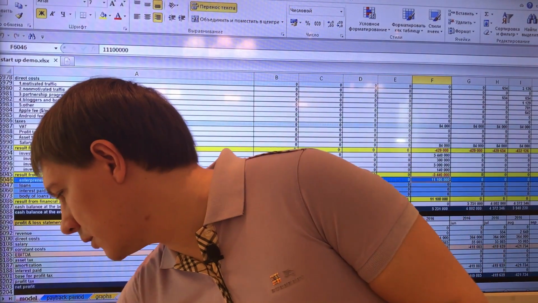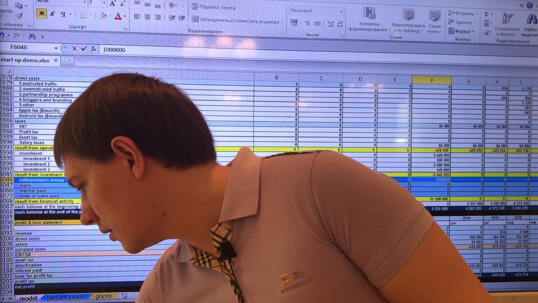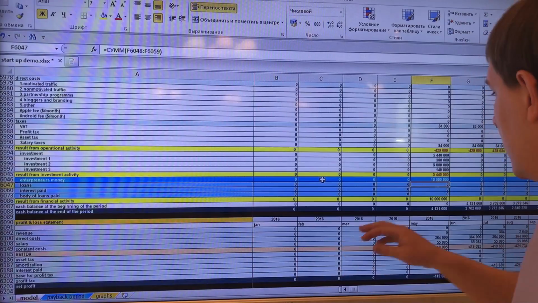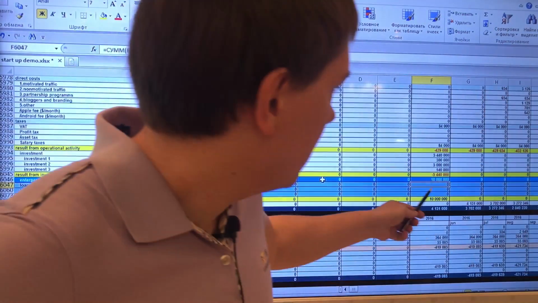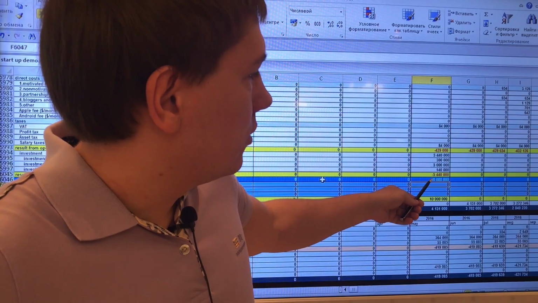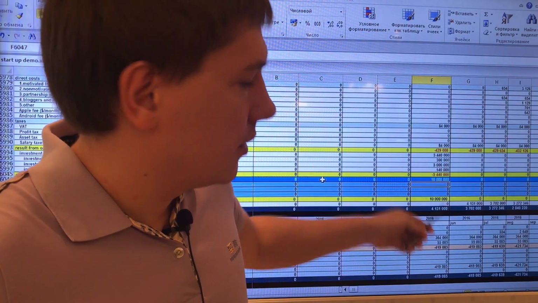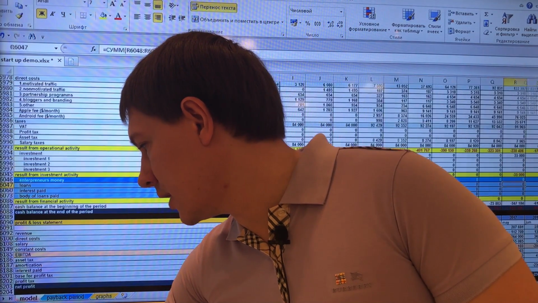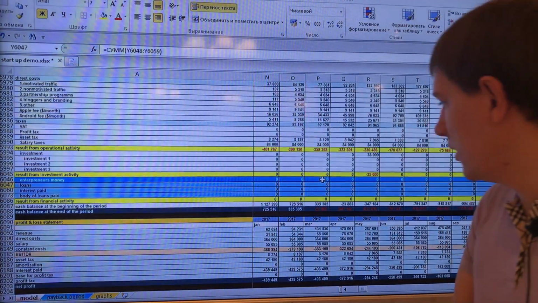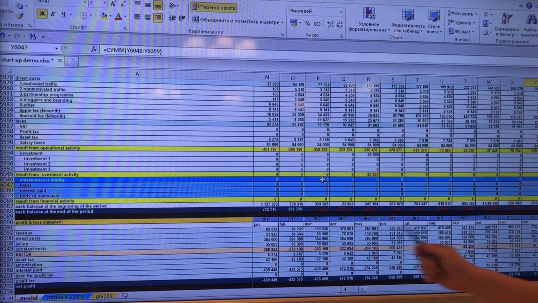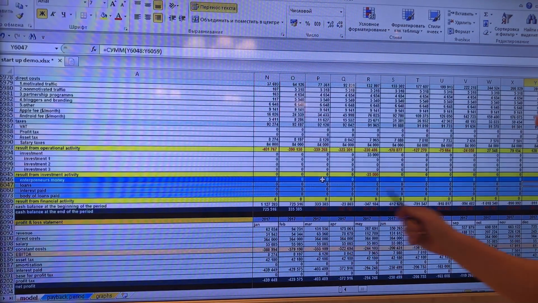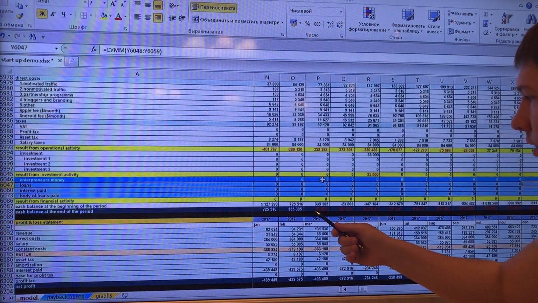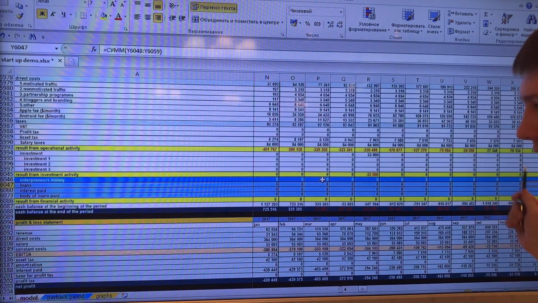For example, if we put $10 million, we need to start this business, and we go to the right to the cash flow statement. Here we have negative cash balance at the end of the period, and here we see that we don't have enough money to start this business.